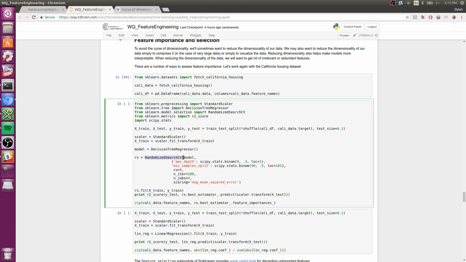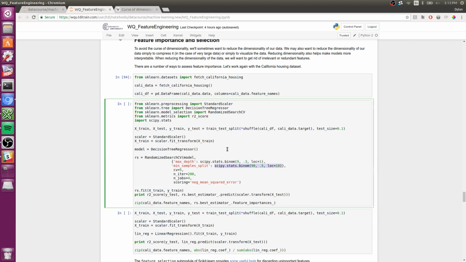I'm also going to use this randomized search CV. You've probably seen grid search. This might be the first time we've introduced randomized search, I'm not sure. It works very similar to grid search, except instead of providing particular values to test for the hyperparameters, we're going to randomly choose certain hyperparameters from the space described by the grid in grid search.